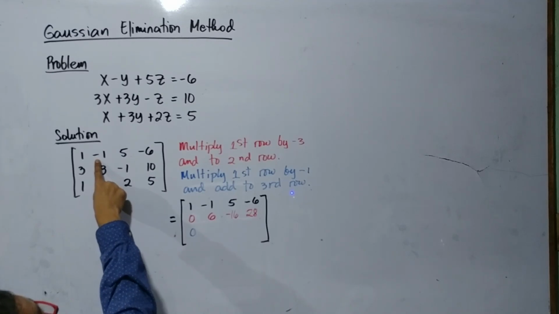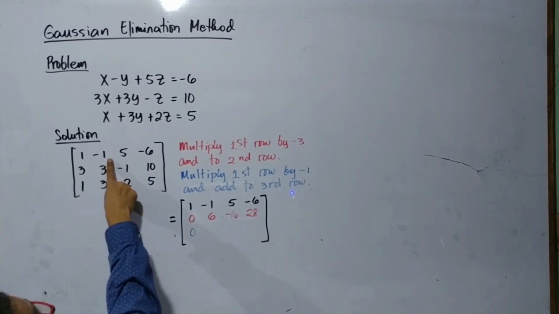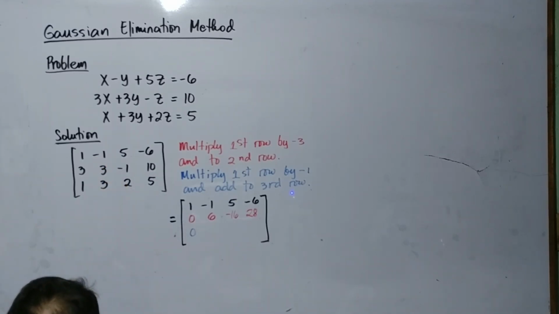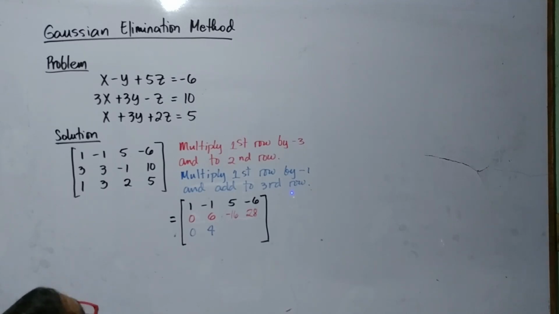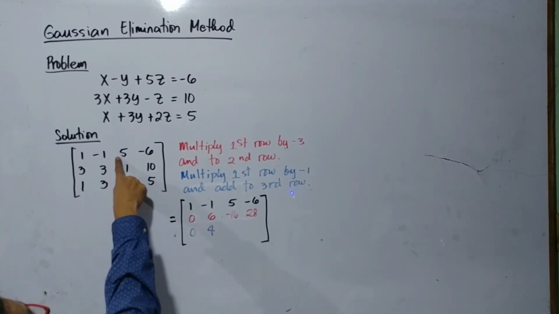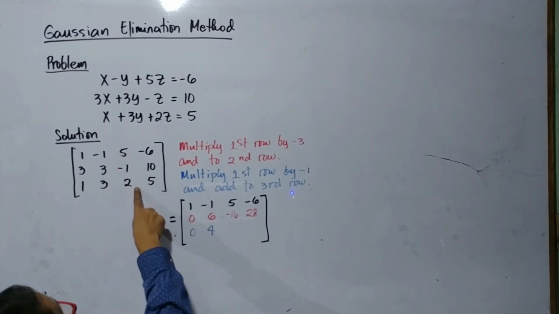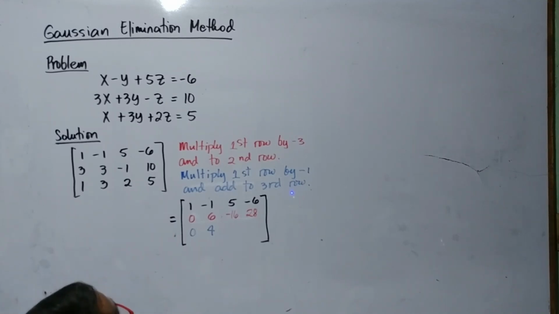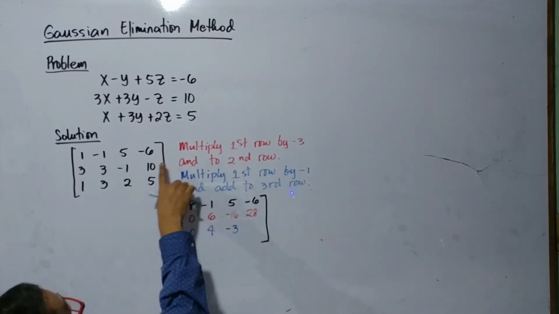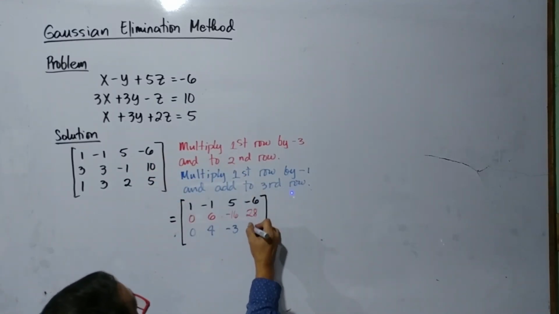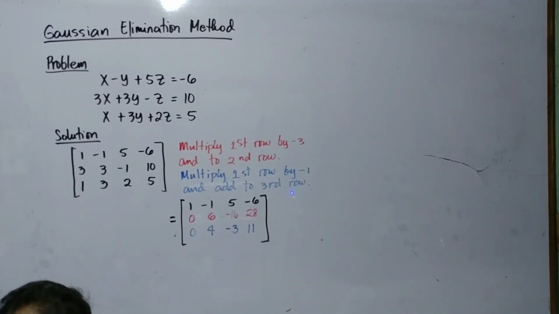Negative 1 times negative 1, positive 1, plus 3 equals 4. Five times negative 1, negative 5, plus 2 equals negative 3. Negative 6 times negative 1, positive 6, plus 5 equals 11. Okay.